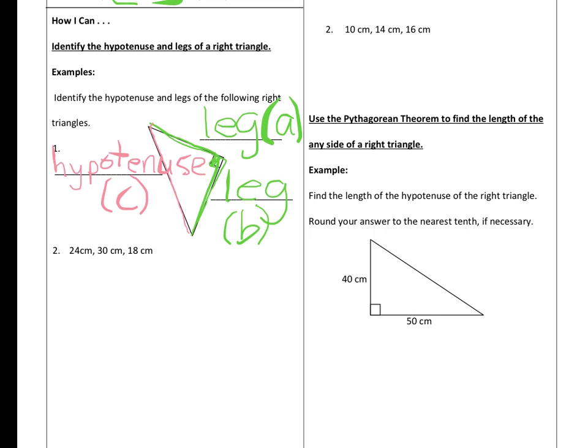So in this next example, they want us to identify the legs and the hypotenuse. The only thing we have to remember is that the hypotenuse is the longest side. So 30 centimeters is the hypotenuse because it is the longest side. Let's go ahead and write that. 30 centimeters is the hypotenuse because it's the longest side.